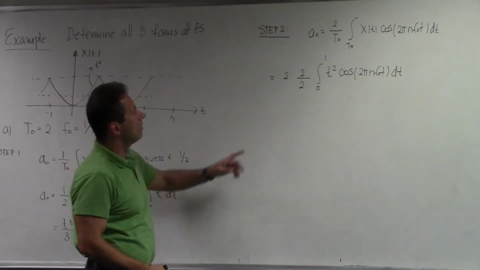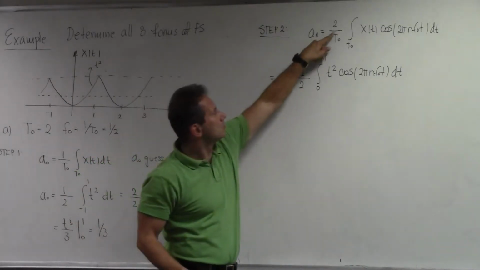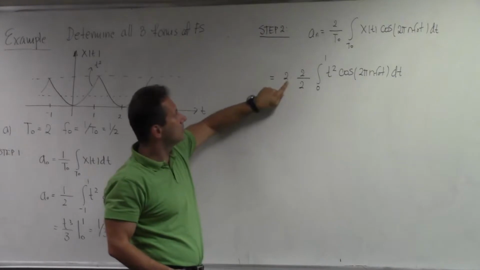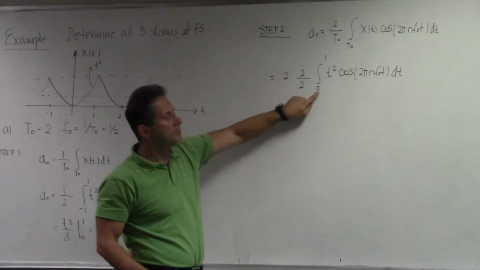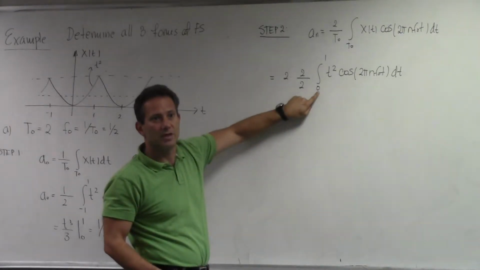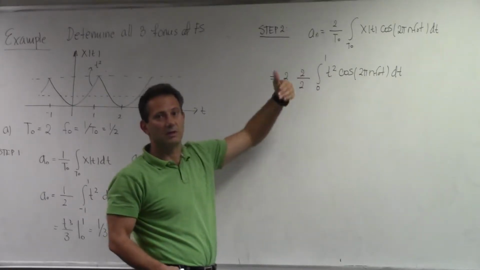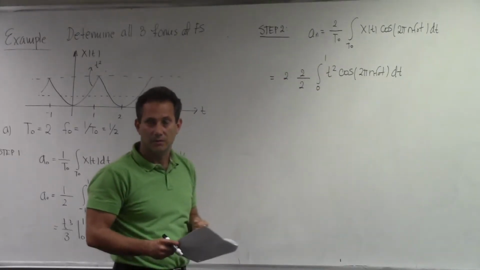Let's see what all these 2's are. This 2 is the same one from upstairs, this is T0, and this 2 here is coming from me integrating only over the positive side, because the function is even, and therefore I can replace an integral over symmetrical borders by 2 times the integral on one side of the y-axis.